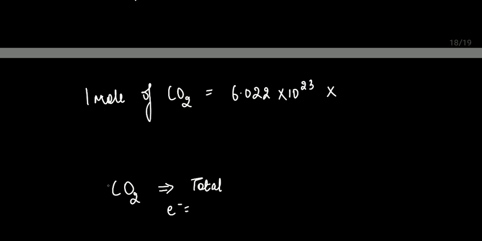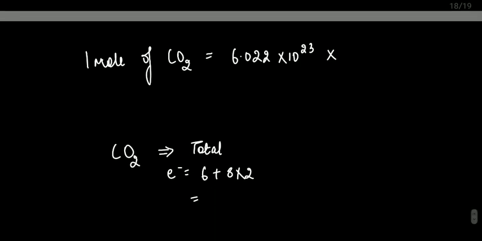Total electrons are going to be constant, even though they share electrons in carbon dioxide. Carbon's atomic number is 6, oxygen is 8 into 2, so this is going to be 22 electrons. So into 22 electrons, this is 1 mole.